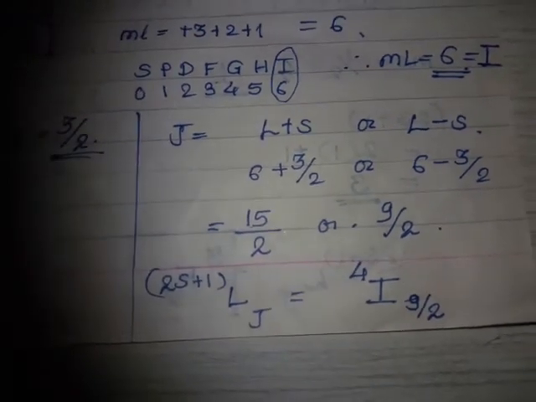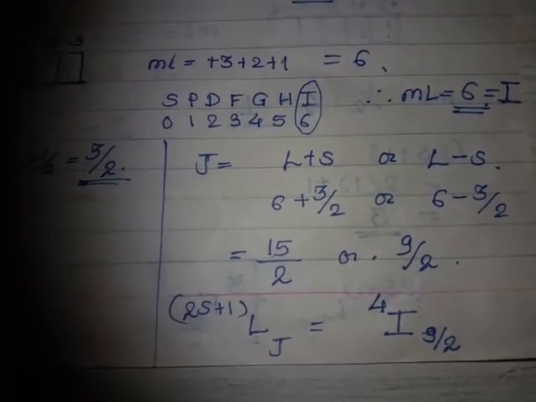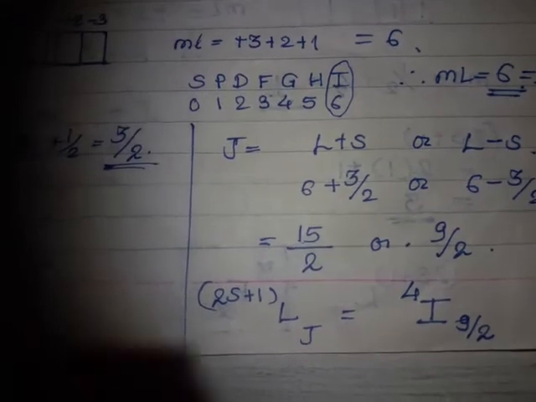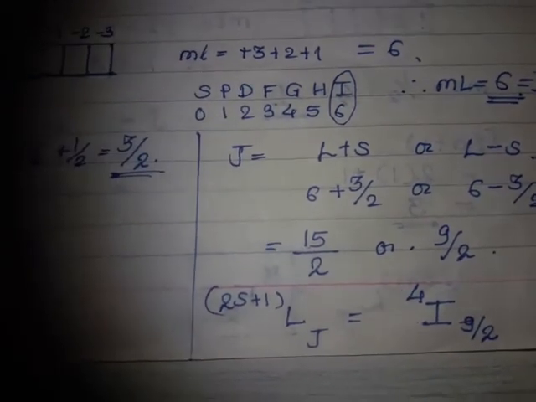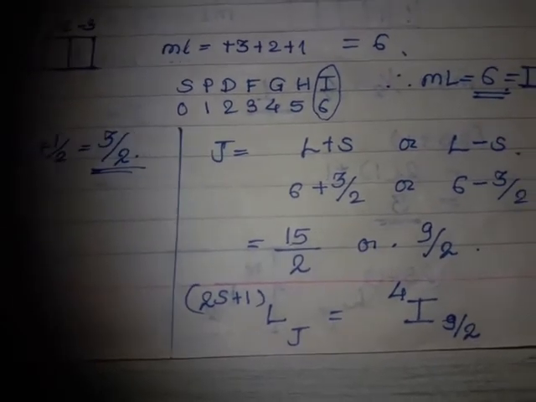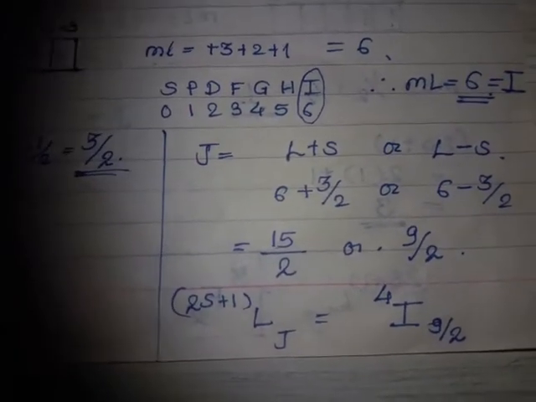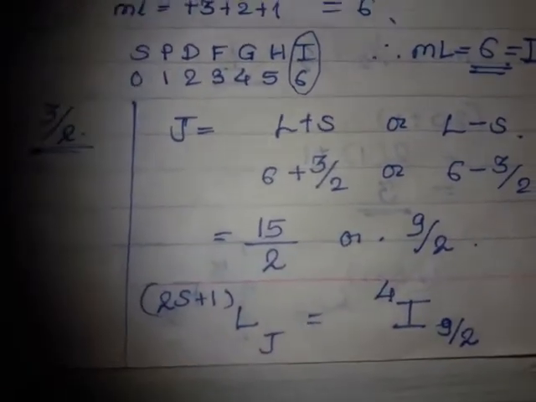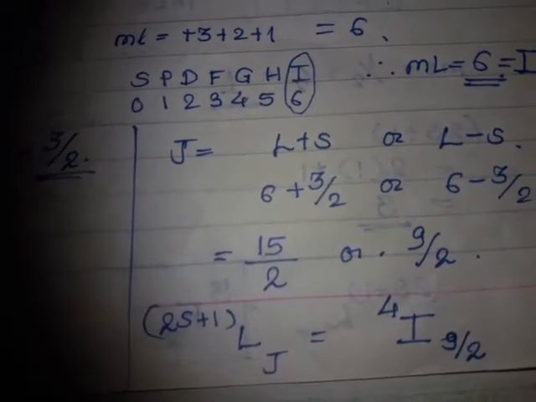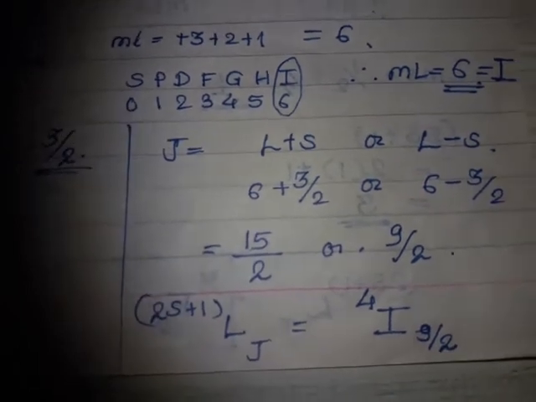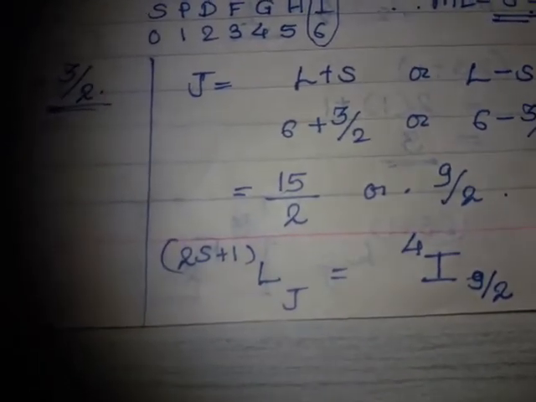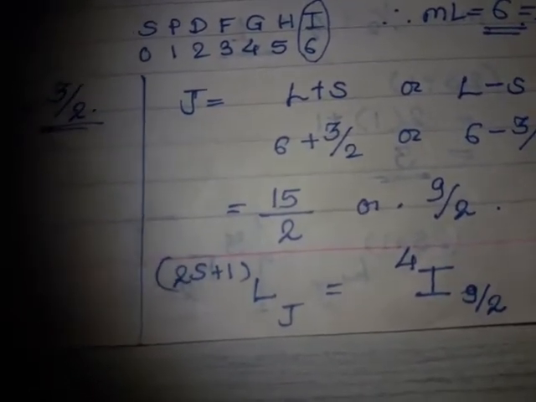Now the J value: our orbital contains 3 electrons and the total capacity of the orbital is 7 electrons. That's why the orbital is less than half filled, so we use the L minus S formula for the J value, which is 9/2. So the Russell-Saunders term is quartet I 9/2.